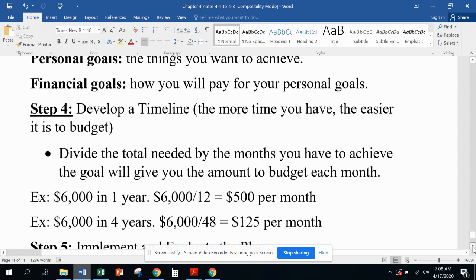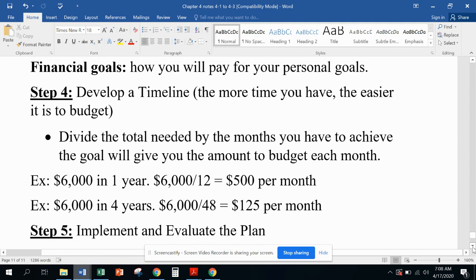Because we were working prior on monthly budgets, we're going to use this information to add a line item to our monthly budget in order to get these things paid for. So once we figure out the total amount of money that we might need, we're going to divide it by the number of months we have to achieve that goal.